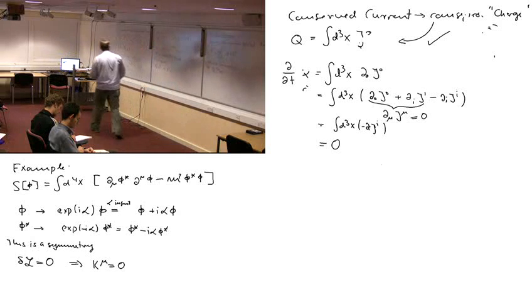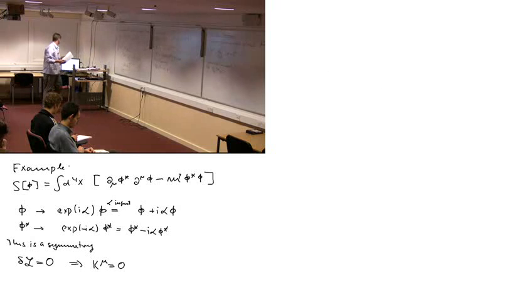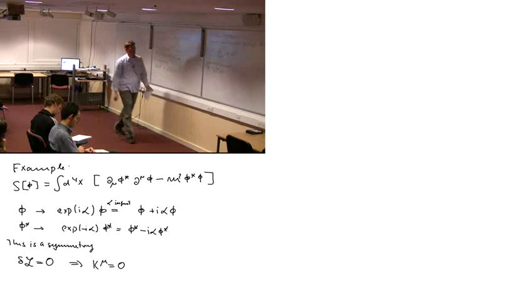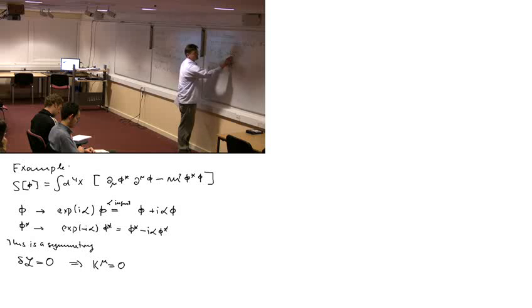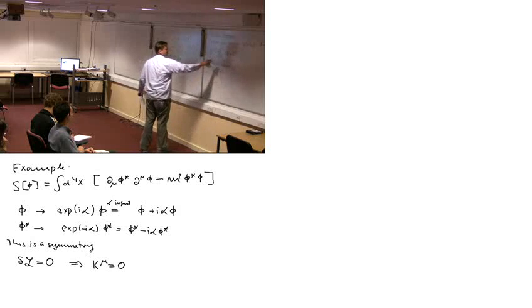Let me actually continue on this board. So we already know this bit of our conserved current is 0. And now we have to explicitly calculate this bit of our conserved current.